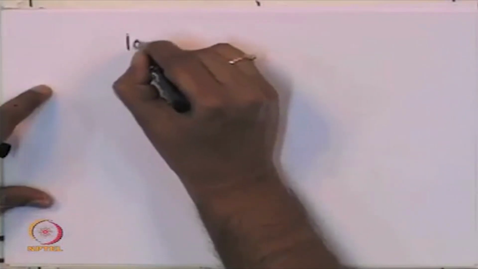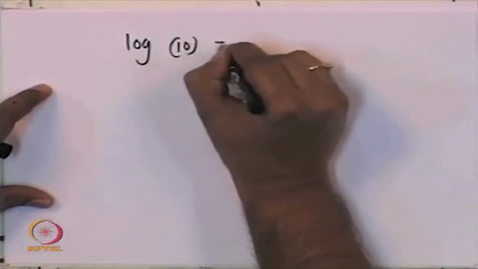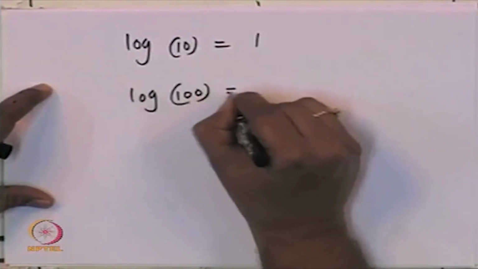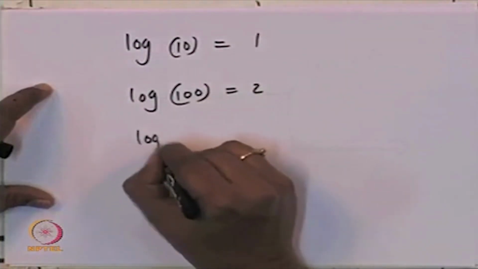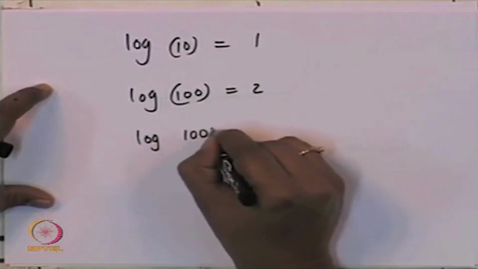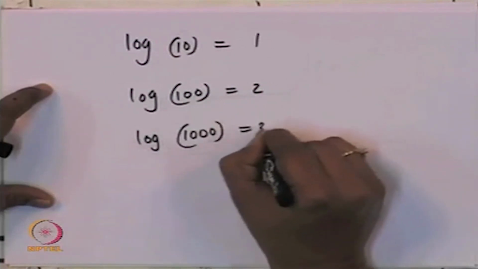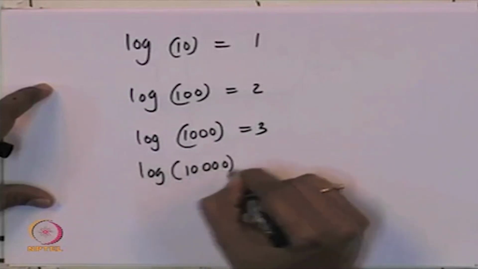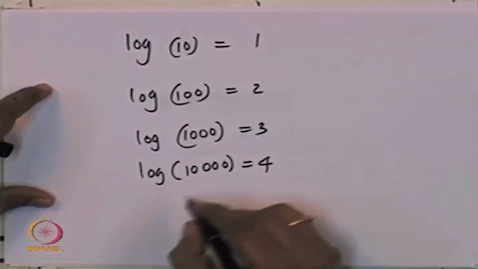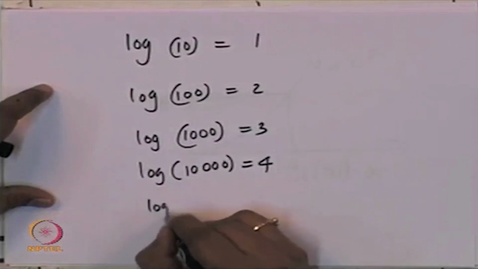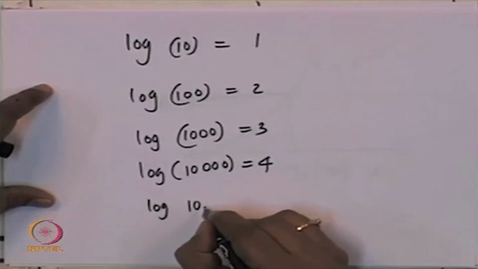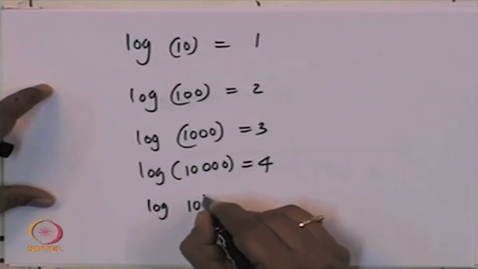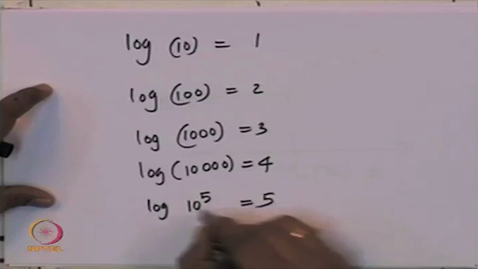Let us write the log of some huge numbers. Log of 10 is 1, log of 100 is 2, log of 1000 is 3, log of 10,000 is 4. You all know this. 10,000 is 10 power 4, and 10 power 5 gives 5.